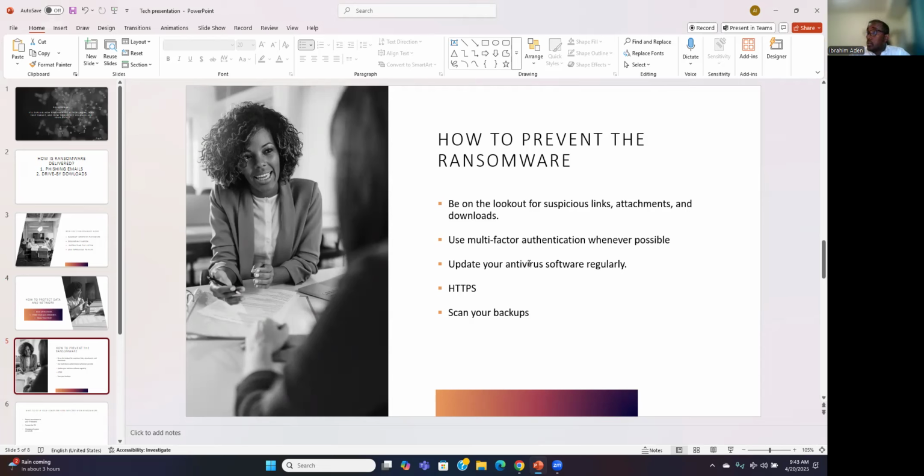Update your antivirus regularly. You have to have the latest antivirus in your computer system, and make sure it is up to date so that you can prevent them.